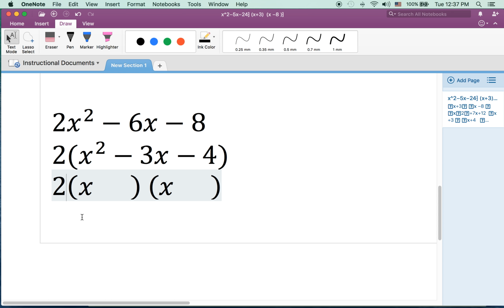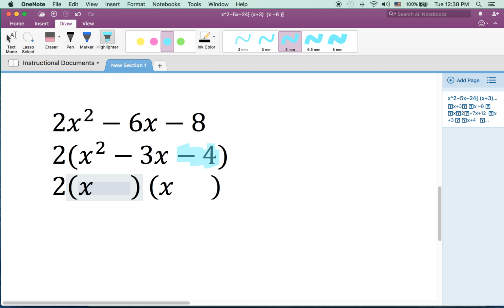So I'm going to leave that 2 here, and now we need two numbers that multiply to negative 4 and add to negative 3.